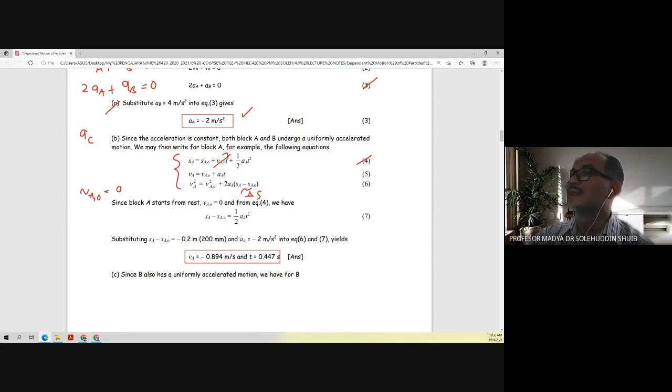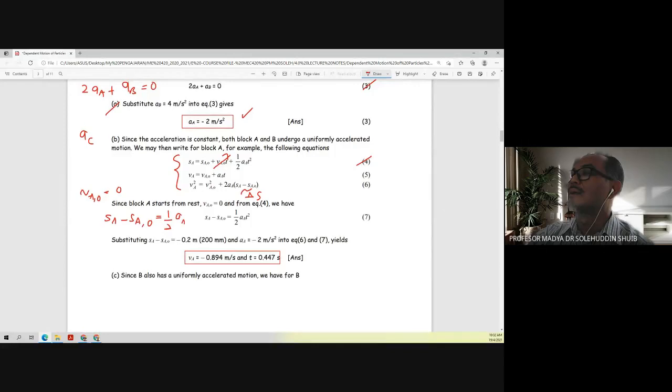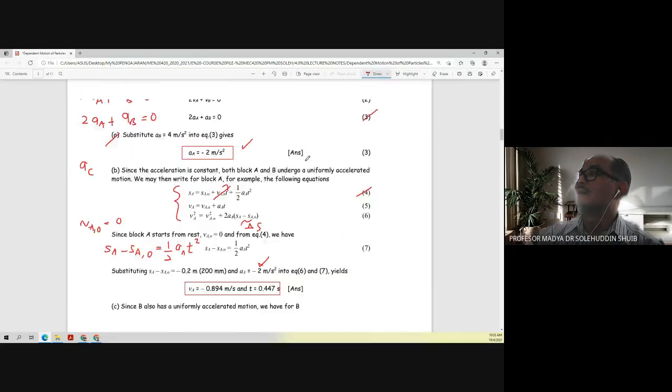So delta s, which is s_A minus s_A initial, equals half a_A t squared. We obtained the value just now, and delta s is minus 0.2 meter. This is given in the problem statement.